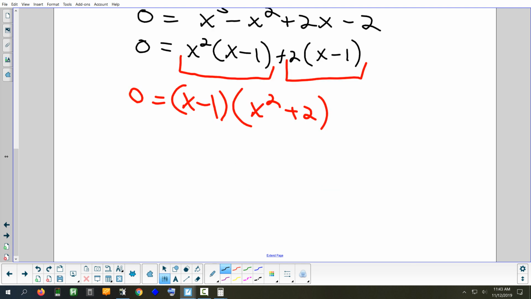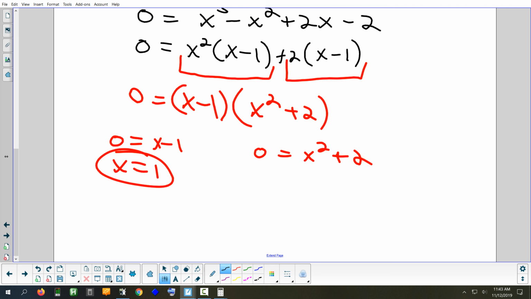So now we have 2 factors. Factor 1, factor 2. What do I do with each of those factors? Emma? Set them equal to 0. Okay, that one's easy enough. X equals 1.